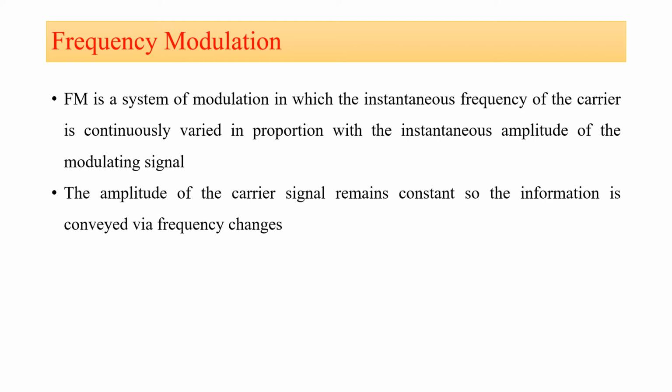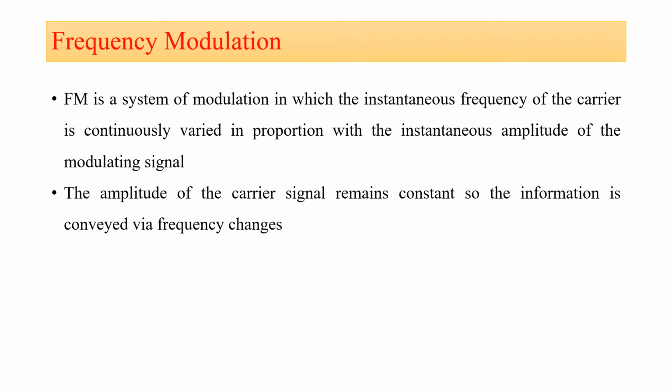Now what is frequency modulation? Before going to frequency modulation, let's revise our concept, that is what is meant by modulation. Modulation is nothing but the high frequency signal or carrier signal which is required to carry the low frequency signal or baseband signal, the information or the message signal. In the last lecture we covered the first type of modulation technique, that is amplitude modulation.